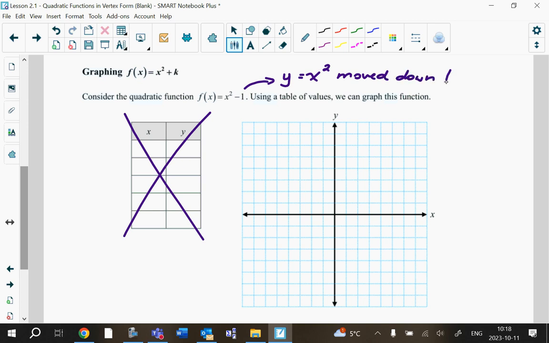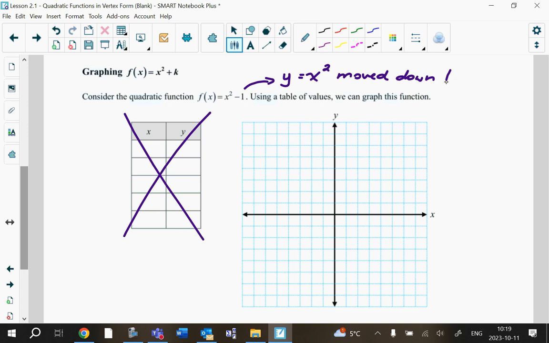So here's how we could graph it. Where's the vertex of x squared? 0, 0. Where's the vertex of this one? 0, negative 1. That's where the vertex is.